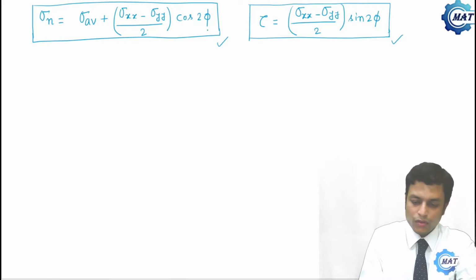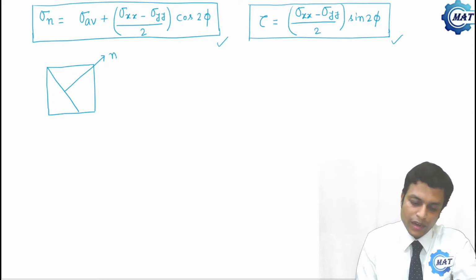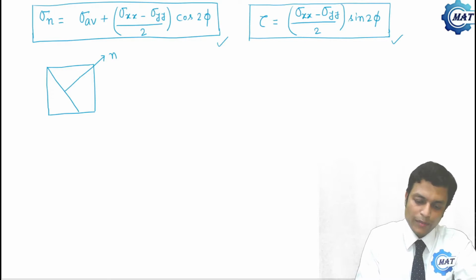So this was the arbitrary plane N. Now we are going to determine the state of stress on a plane whose normal makes another 90 degree.